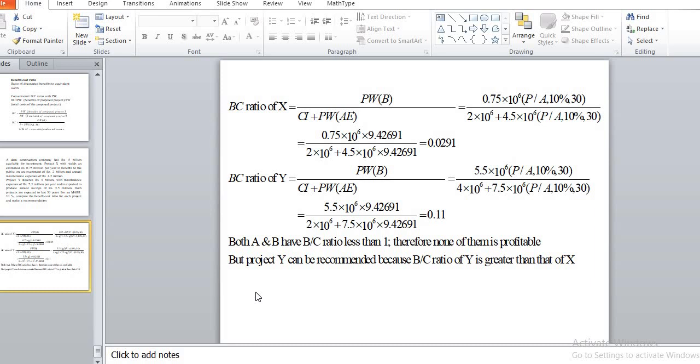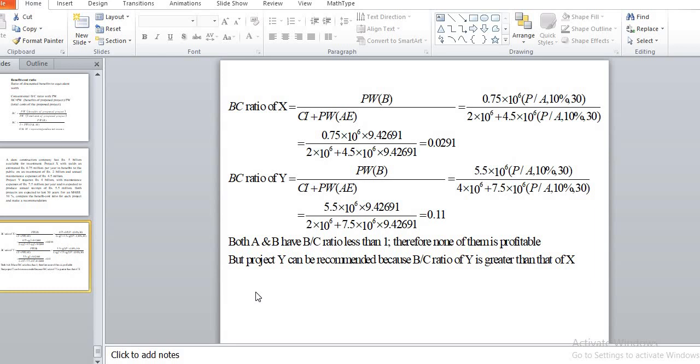By evaluating this project, we can conclude whether it is economical or not economical.